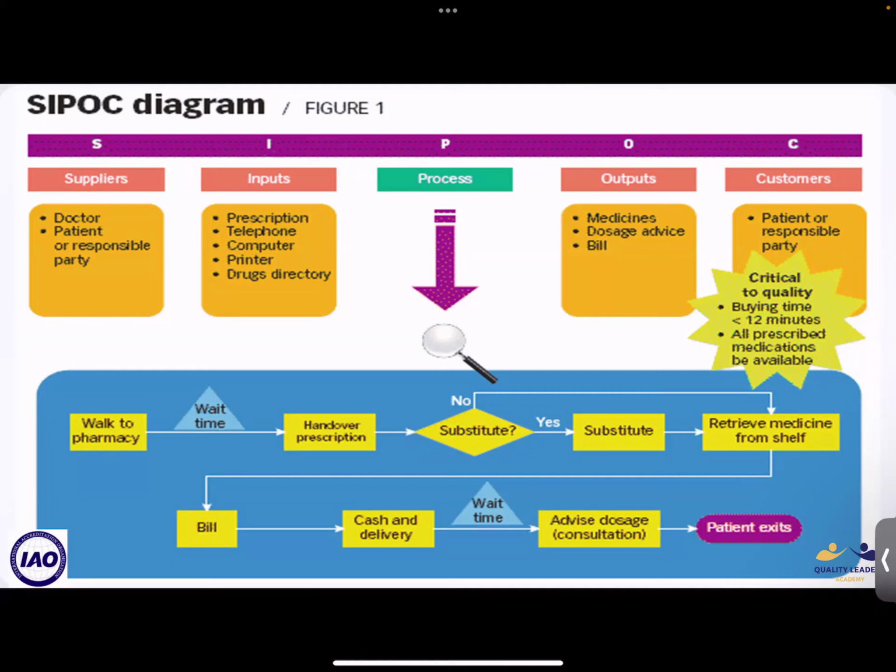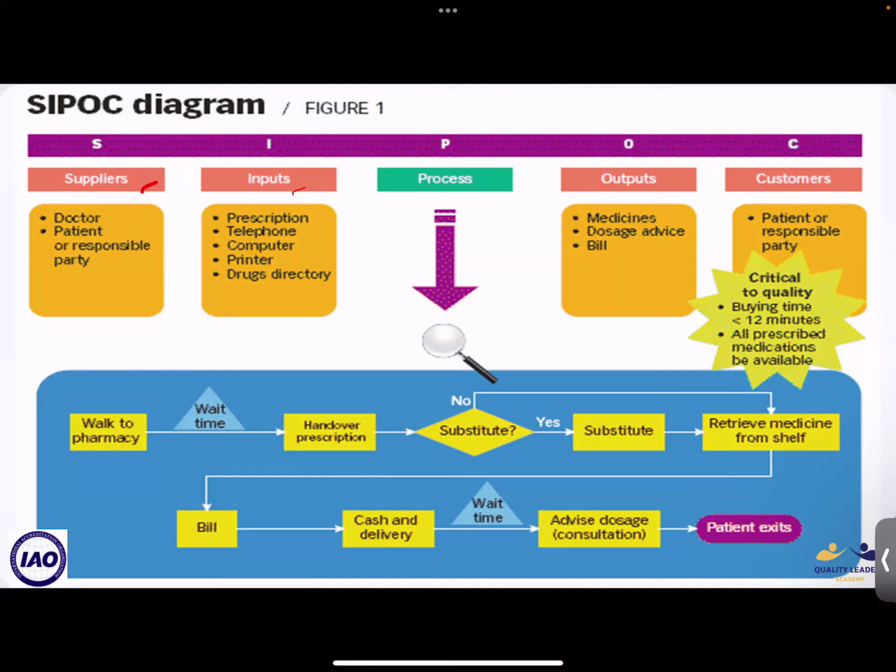We explained that it has suppliers and inputs, which are the data I will work on processing in order to turn them into outputs, which are the deliverables. For the process itself, I will draw a flowchart inside the SIPOC diagram, and the output will then go to the customers.